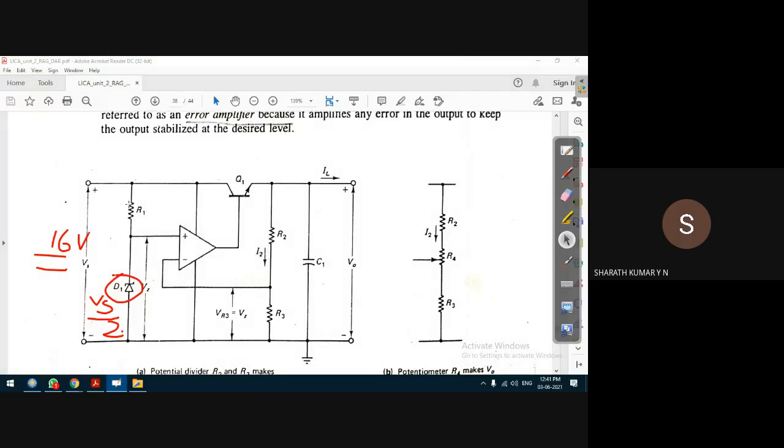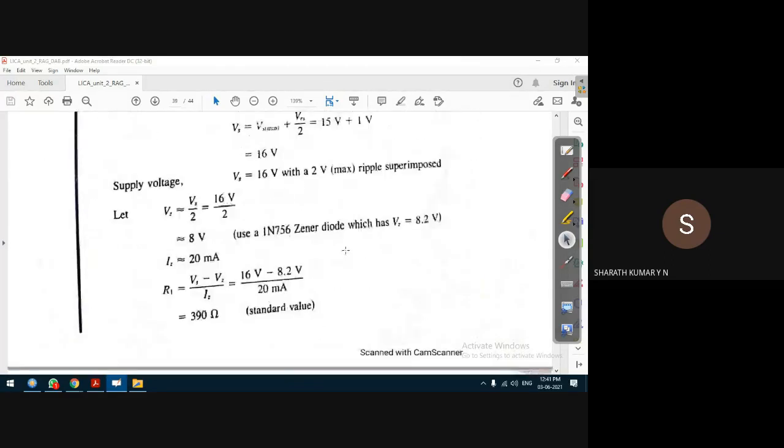For that, we need to select the appropriate value of R1. By selecting R1, we can set Vz to half of Vs. Of course, we can change that also, to 1/3 of Vs, all that is possible. So it is around 8 volts.